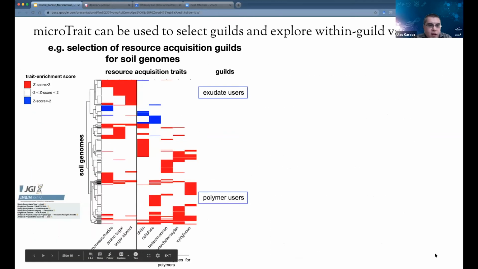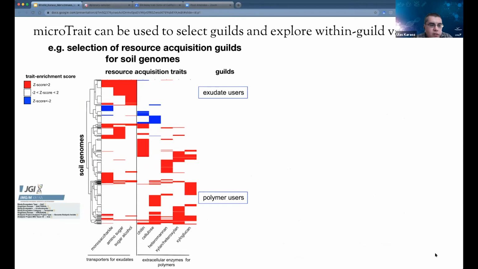So here's an example of what we can do with the trait matrices for the specific case of resource acquisition guilds. What we want to do with the trait matrix is to take that matrix for a set of genomes, where here I exemplify it with isolated soil genomes, which we got from IMG, and then ask how many guilds we can define given that matrix.